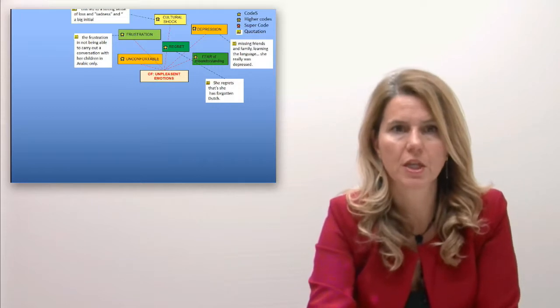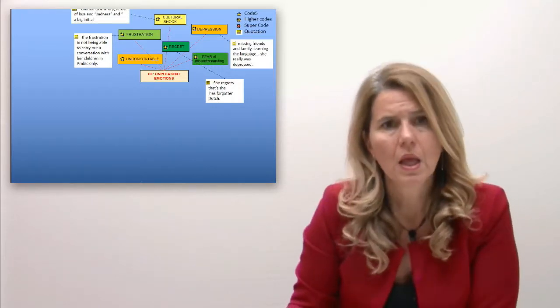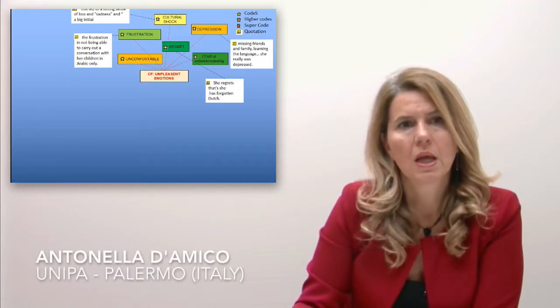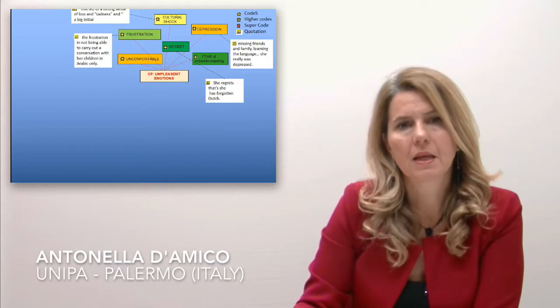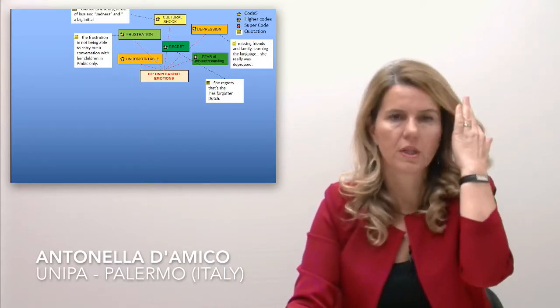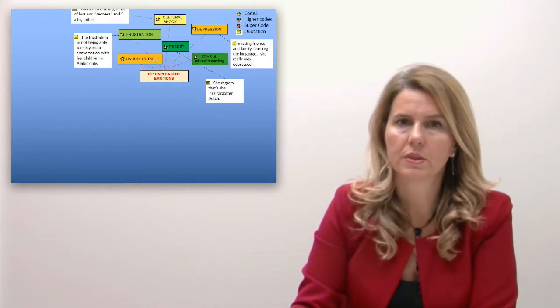We can see each one separately. For instance, in this case, if we look at unpleasant emotions, we can see an example of each sentence that was coded during the interview.